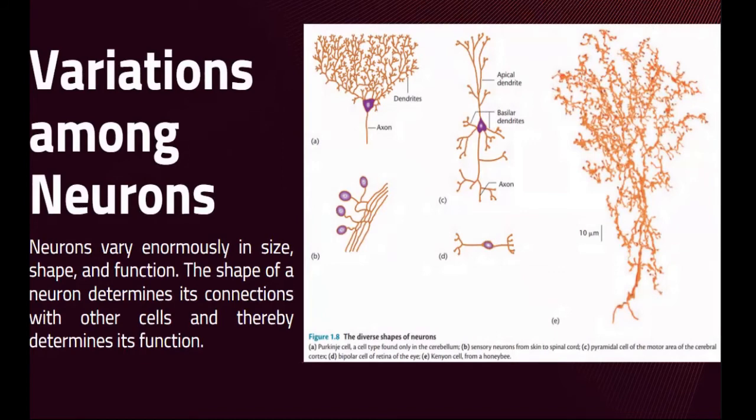By contrast, bipolar neurons in the retina, see figure 1.8d, have only short branches and some receive input from as few as two other cells. You can see the variety of shapes of a neuron and the different functions they have.